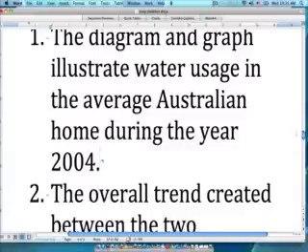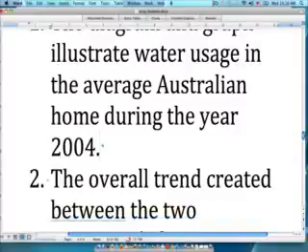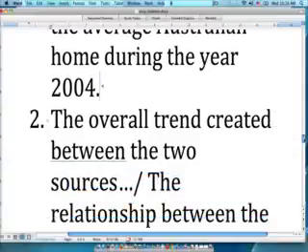Now that we've done that, our second sentence is a sentence that we can use to show the relationship between the two pieces of data if we're given two sources like we have been here. So, if you're given a table and a graph, there might be a certain trend that is created between the two of them. In a case like that, you might want to start your sentence with something like, the overall trend created between the two sources grows over the course of the year, or declines, or is unstable.